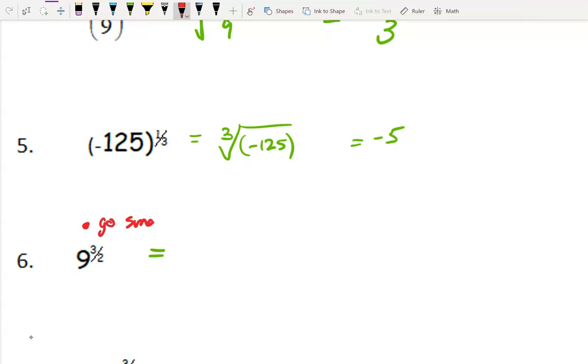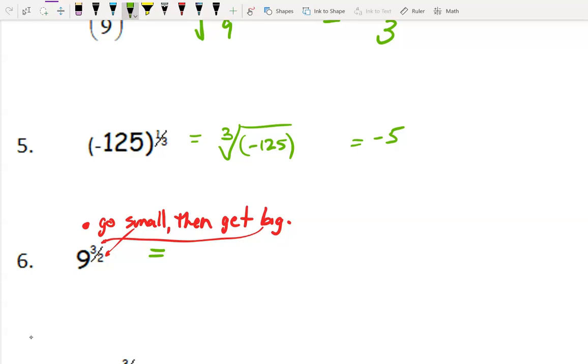Go small, then get big. What I mean by that is always do the denominator first and then the numerator. So you get small by taking a root and then go big with the exponent. I'll show you what that means in a second.